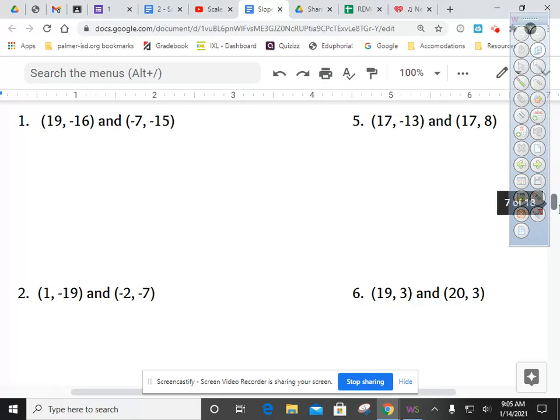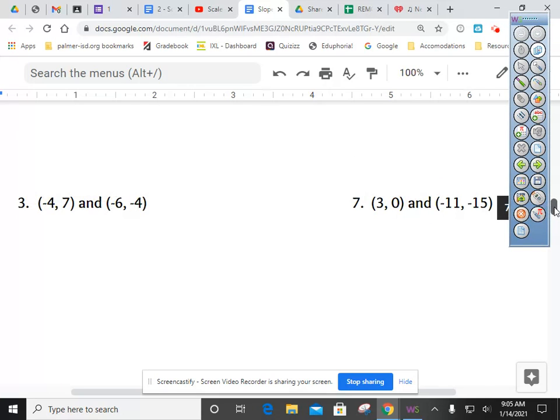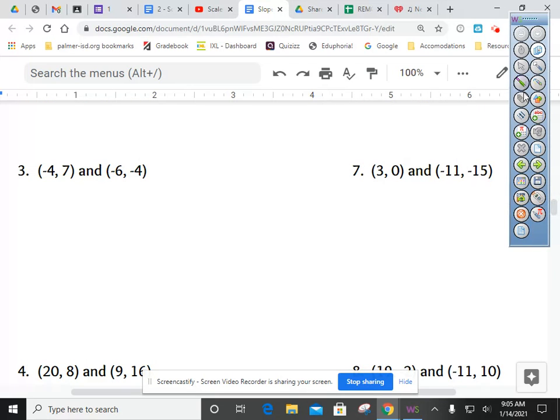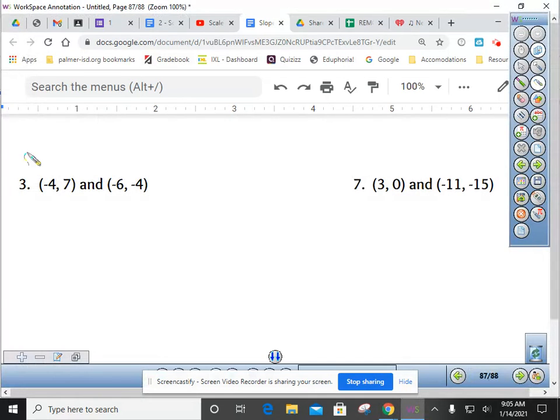Have we come to a conclusion? Number 3. What do we do first? Label X1, Y1, X2, Y2. What do we do next? The formula.